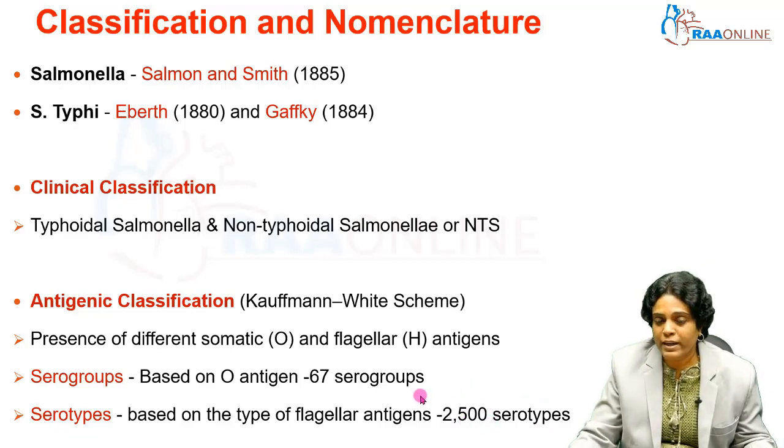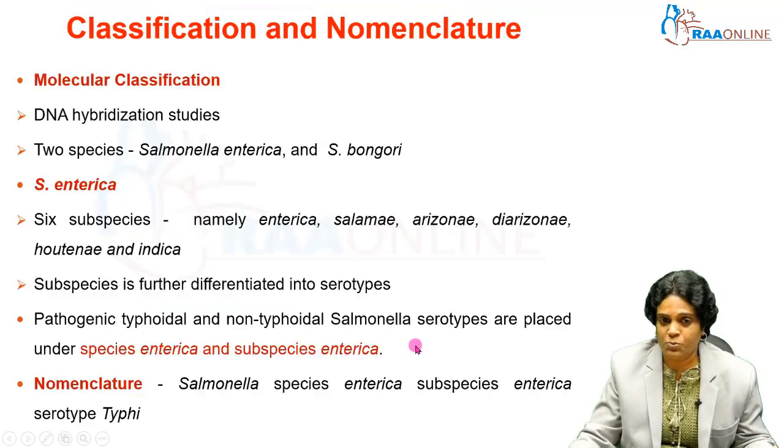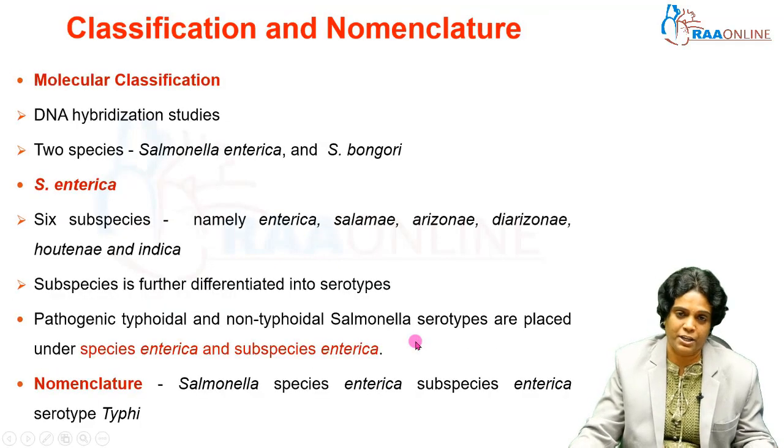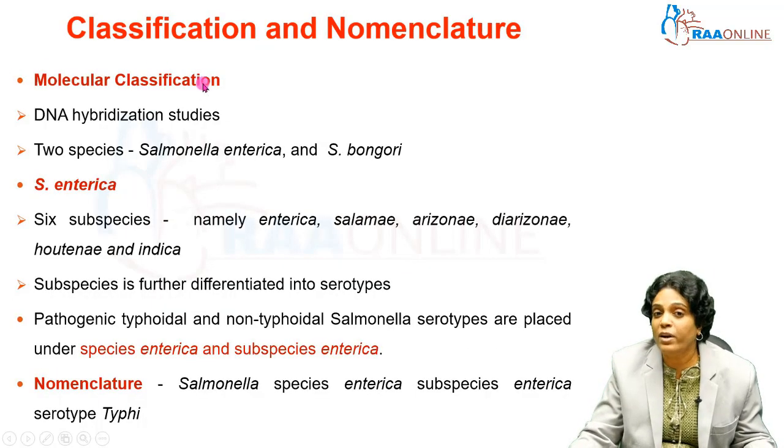We saw the clinical classification, and then the antigenic classification. The third one is the molecular classification, which is based on DNA hybridization studies. Based on that, the genus Salmonella has two species: Salmonella enterica and Salmonella bongori.